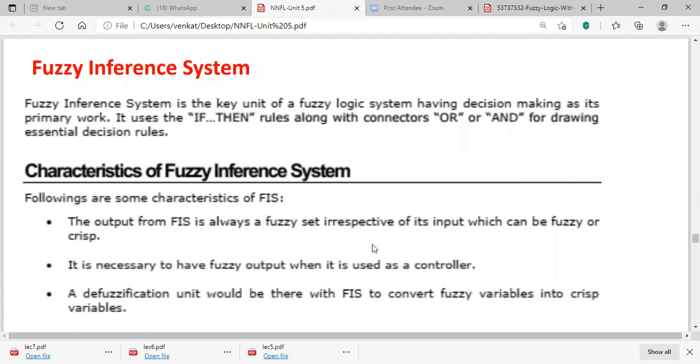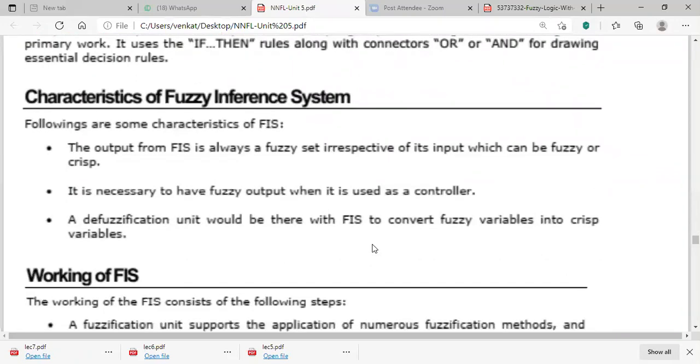Okay, some of the characteristics of fuzzy inference system: the output from fuzzy inference system is always a fuzzy set, irrespective of its input, which can be fuzzy or crisp. Okay, please note down these characteristics.